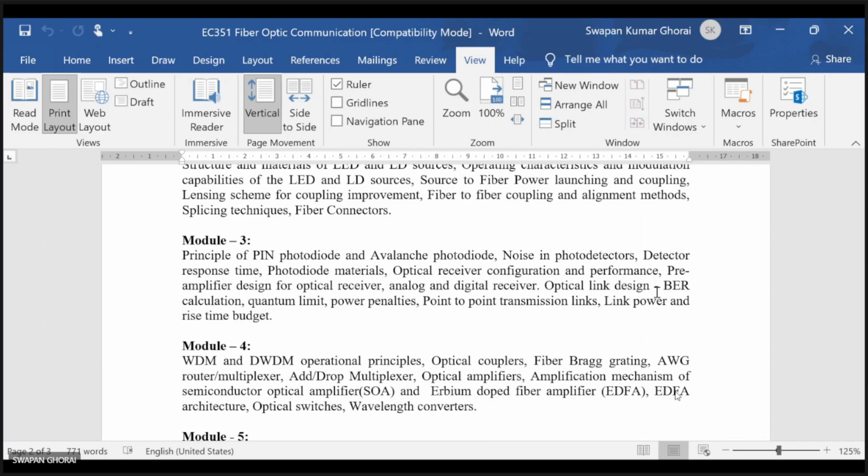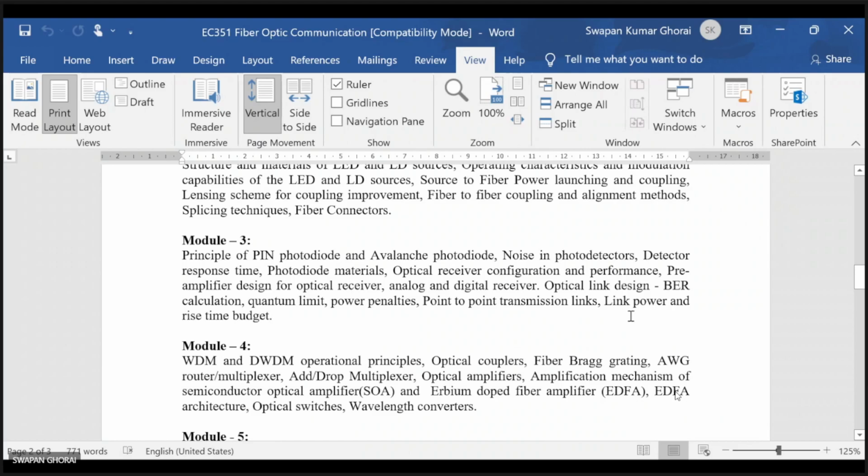Right. So that can be in a link, can be a point-to-point link, or multiplexed links, or multi-terminal links, right? And as I told you, in all these cases you have to use power budget analysis and rise time budget analysis to determine the system performance, right?